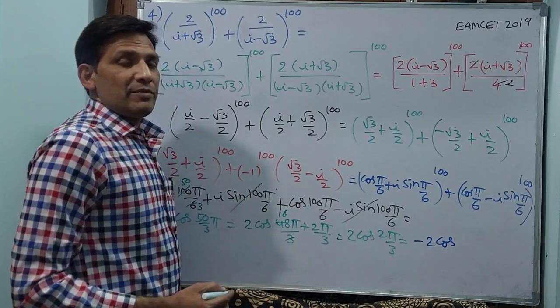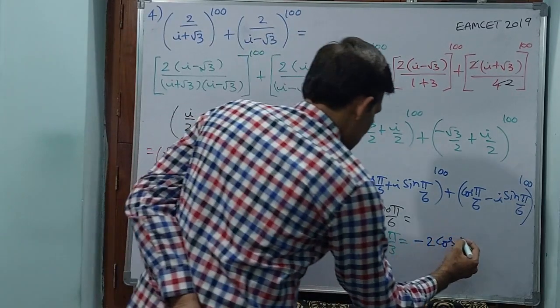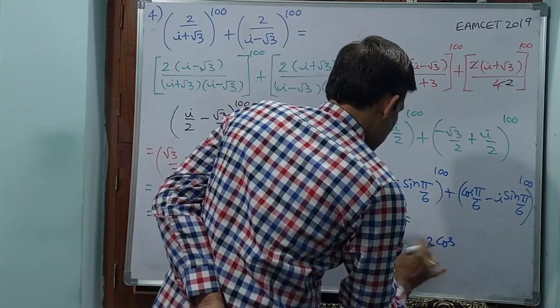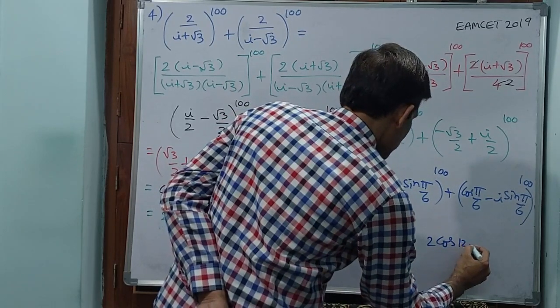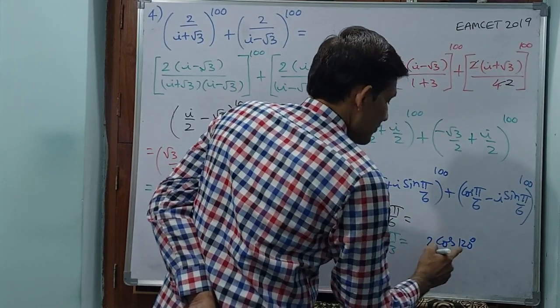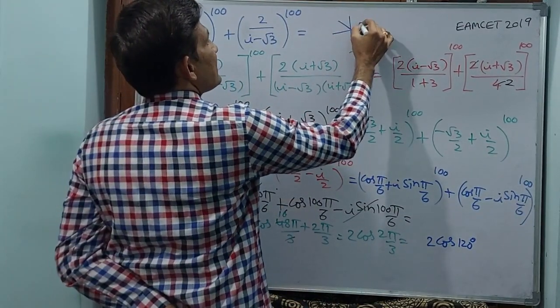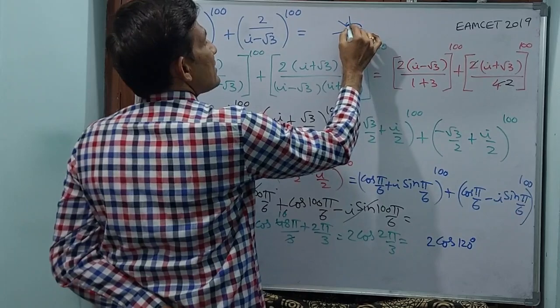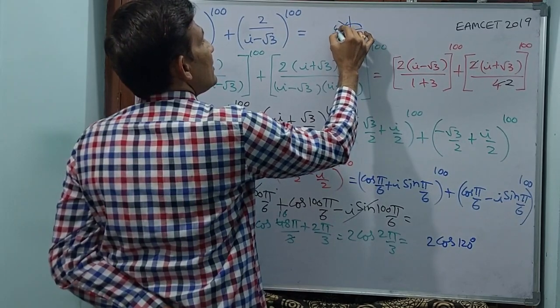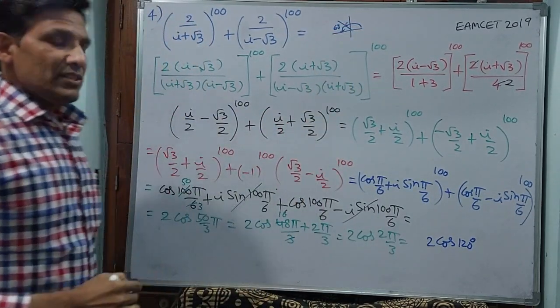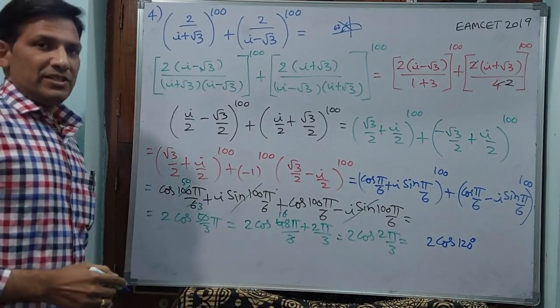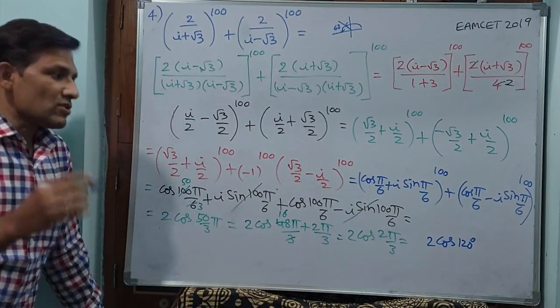120 degree. 120 degree means how much will it come? I am writing, you see. First of all, write 2 cos 120 degree. 120 degree means 90 plus 30, but here 30 means 60, so 180 minus 60. Cos (180 minus 60) is 120. 180 minus means cos only will come.